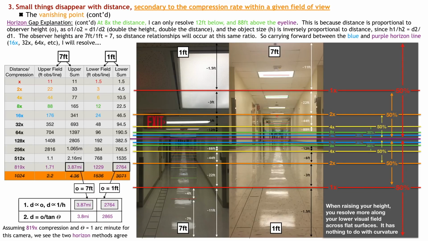And so I now have much more information contained within that upper 1/4 of the total image, or the upper 50% of the upper half of vision. Since I had 1.5 feet on the lower 1/4 of the image, I now have 11 feet in the upper 1/4.